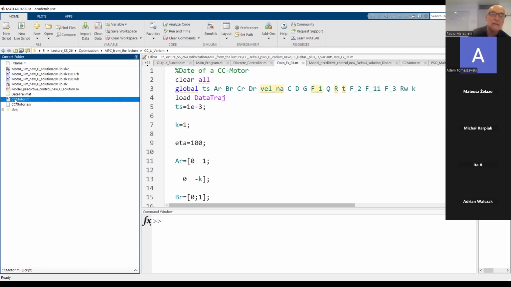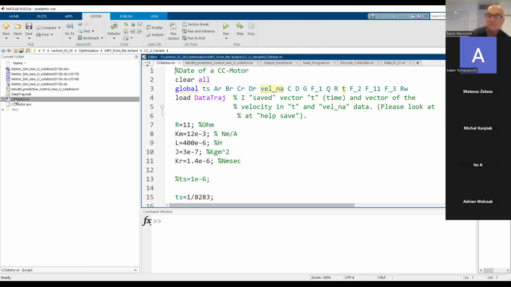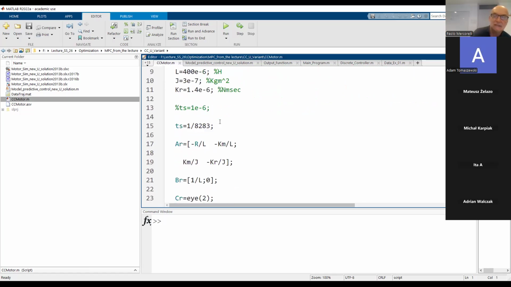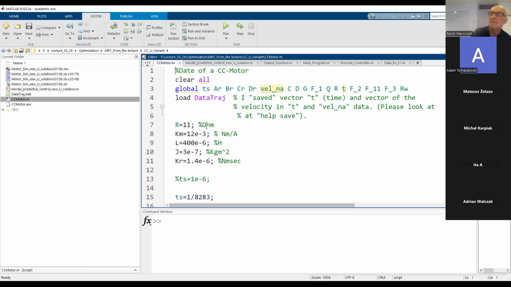Let me open this one. We can see the CC motor file, and we have already seen such kind of files, with the parameters of the motor. This is a real motor. Before going ahead, please pay attention: I'm using global here because I'm using an interpreted file.